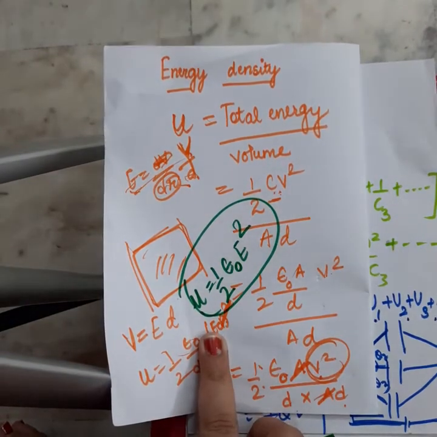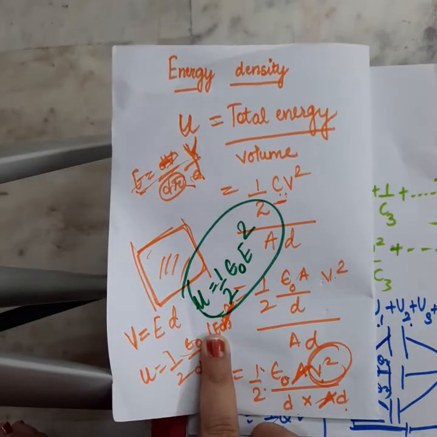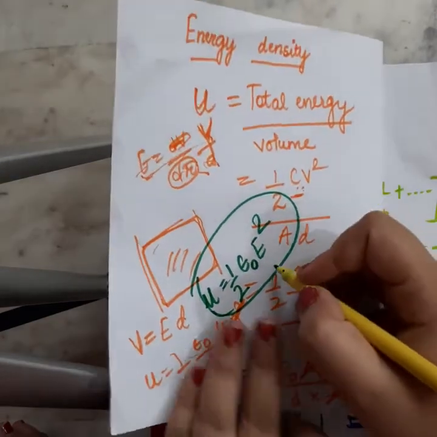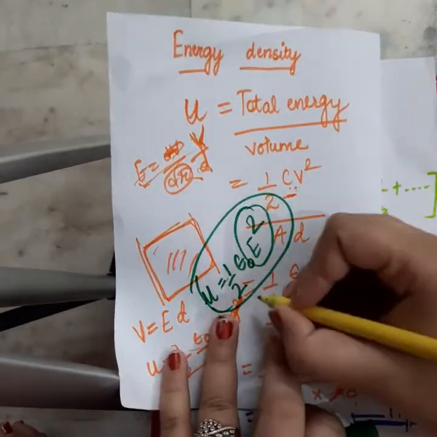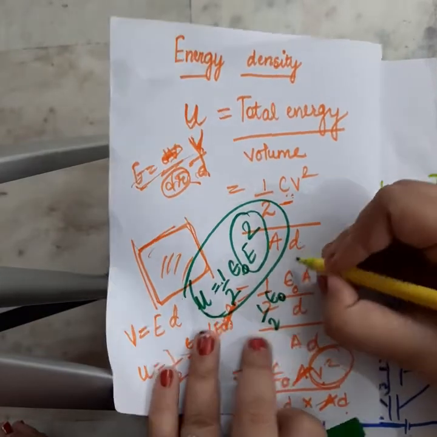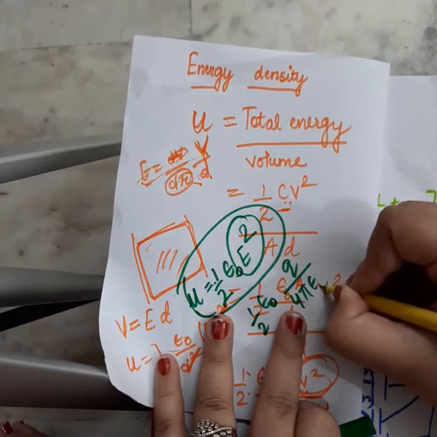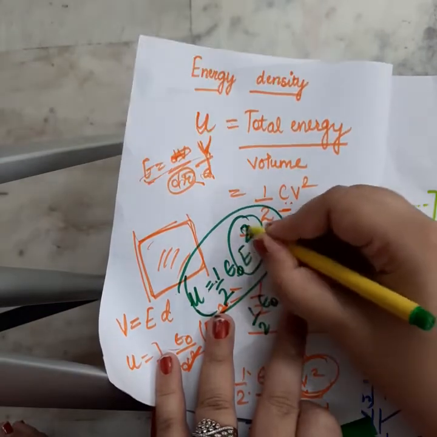And what would be its units? You need to know the units of energy density. You know that electric field is often written as source charge divided by 4 pi epsilon naught r square.